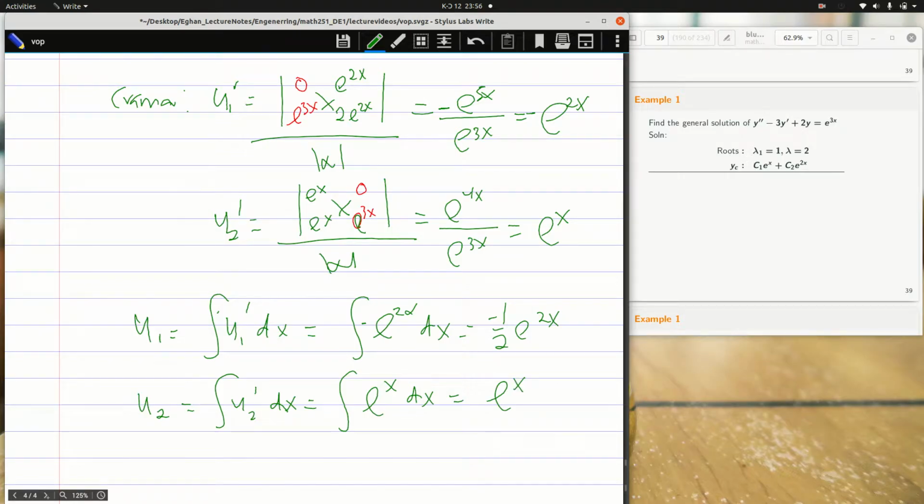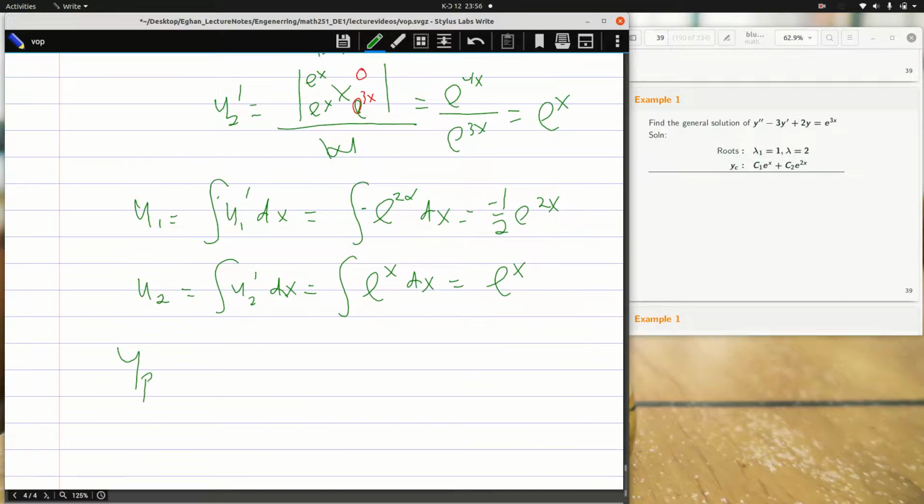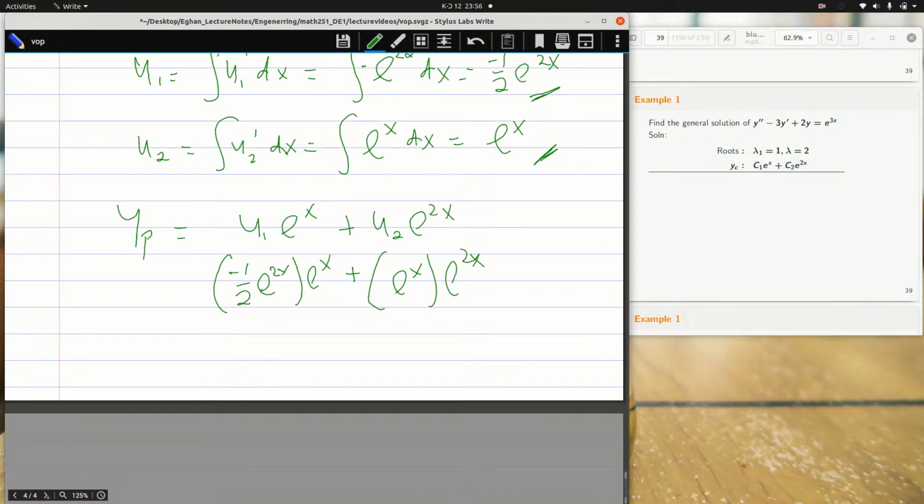Okay, so now what will be my final representation of yp? It was u1 e to the x plus u2 e to the 2x. u1 is that, u2 is that. So a simple substitution here. I hope this becomes easier to follow.